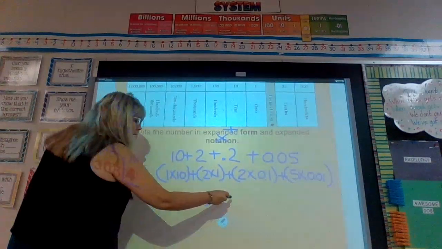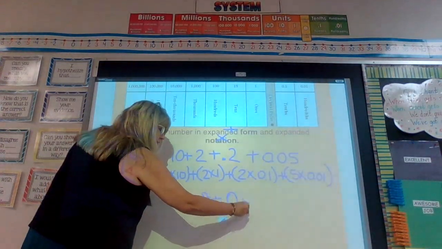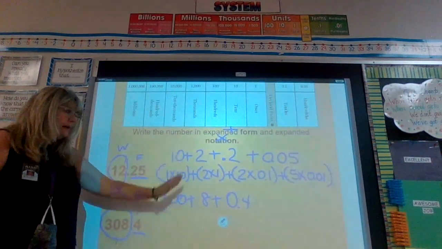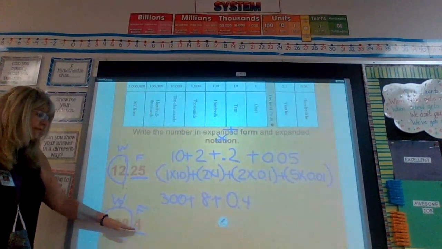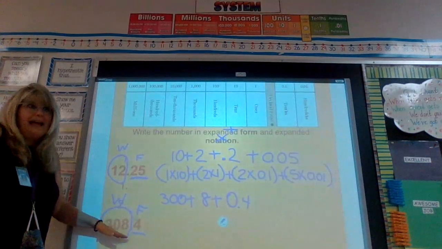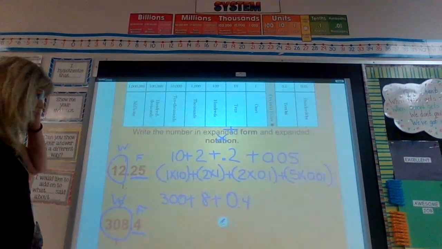I can put a 0 to show there's no whole number, but decimal point 4. If I lined them up, straight up and down, and added them up, that says 308 and 4/10, or it could be 308.40. And you'll learn later on that you can drop a 0 in there.